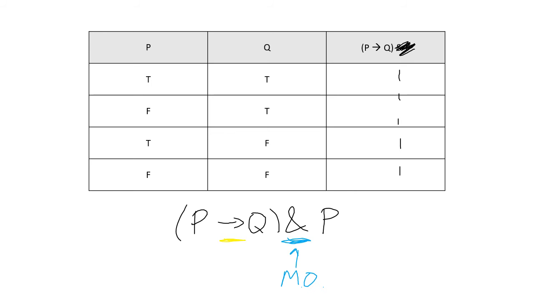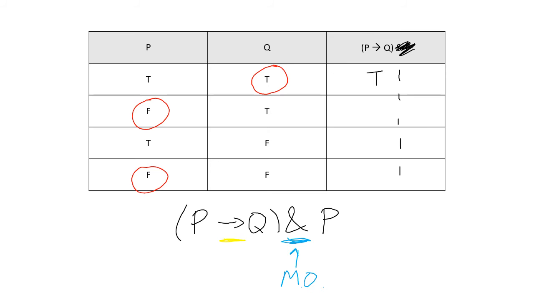Well, just like before, we just finished another conditional statement. A conditional statement is true wherever the left side is false or the right side is true. So in this situation, this one's got to be true because the right side's true.